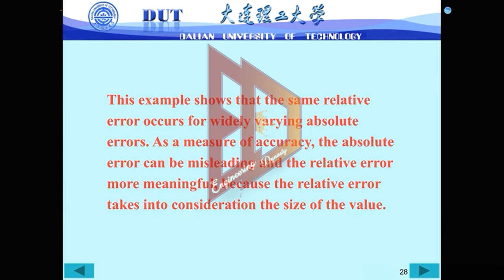So usually, okay, when you publish paper, if you need to compare the numerical results, usually we use relative error because we consider the size of the value, right? The real exact value.